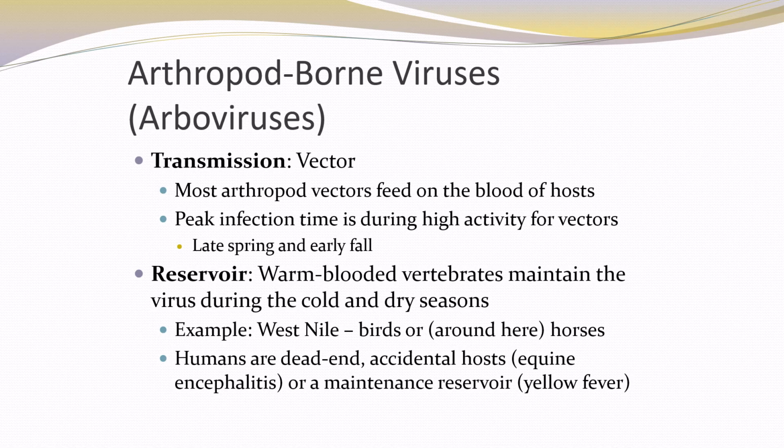So think about when mosquitoes come out and ticks and things like that. It's usually when the weather starts to get a little bit warm and just before we jump into winter. The reservoir is going to be warm-blooded vertebrates that are able to maintain the virus during the colder and dry seasons.